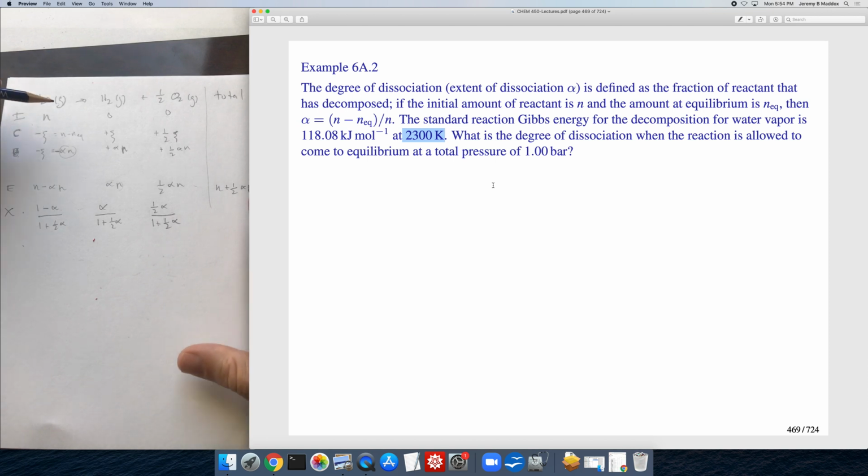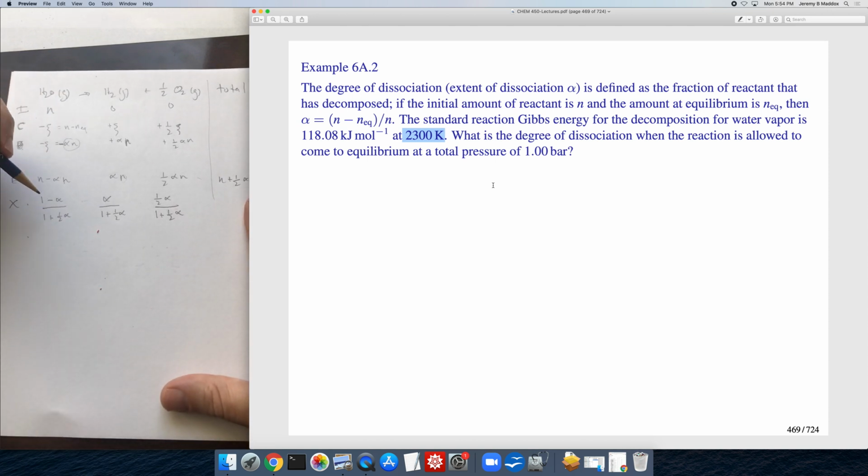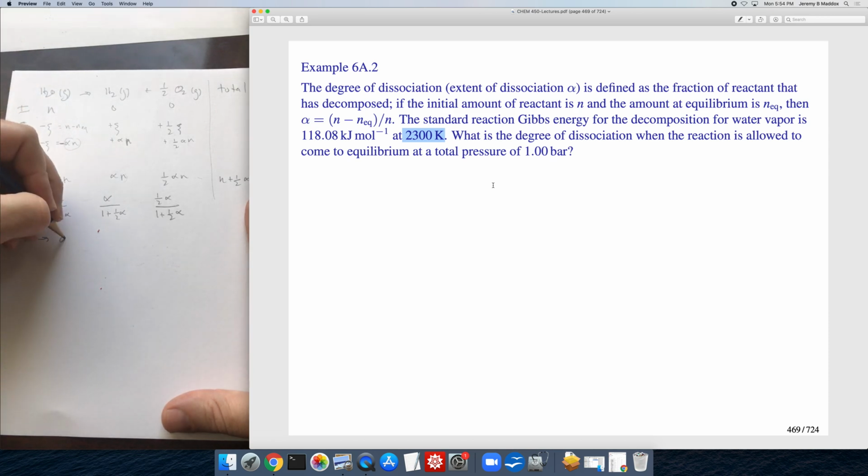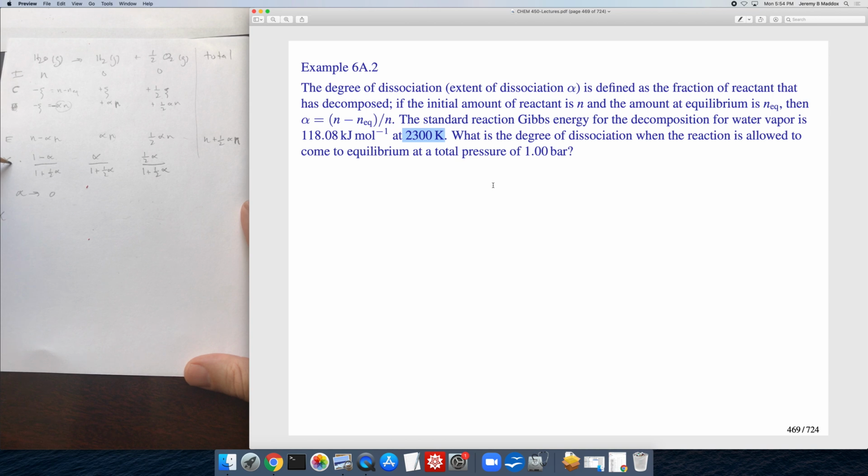That means what we're saying here is that not very much of the water vapor is going to decompose at 1 bar pressure, and that makes sense. These are strong covalent bonds holding the water together, so alpha is going to be fairly small. So we're going to take alpha tending to 0, and that allows us to simplify this line of this extended ice table.